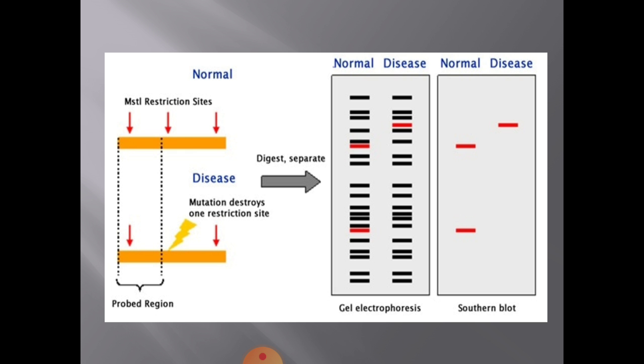So in the Southern blot analysis, you can compare the normal person's blot and the blot of the diseased person. This is how exactly the bad genes are located. And you can say by RFLP analysis whether the person carries a bad gene, whether the person will develop the disease. This is all about the RFLP technique.